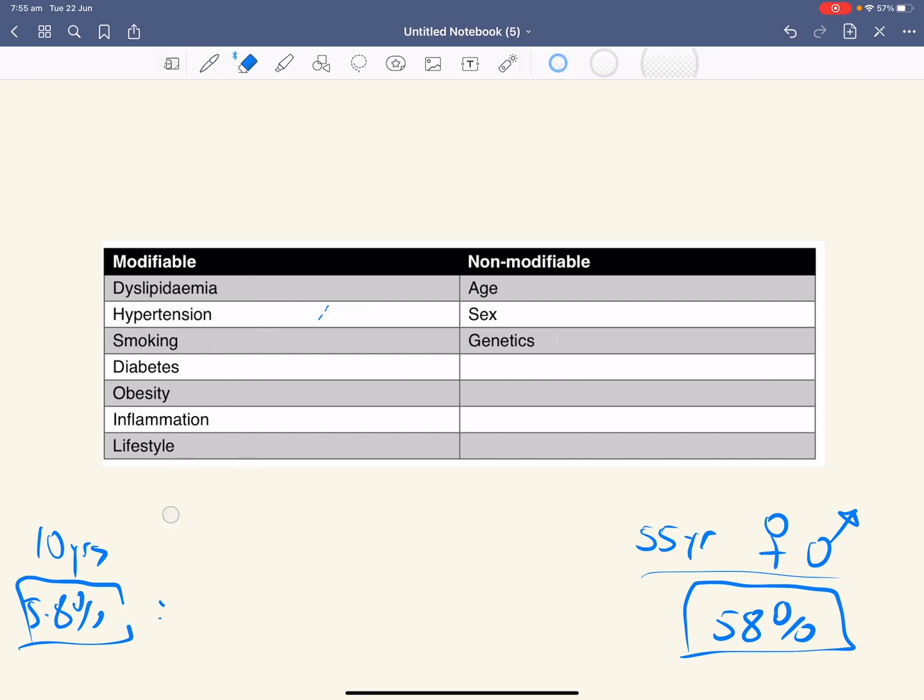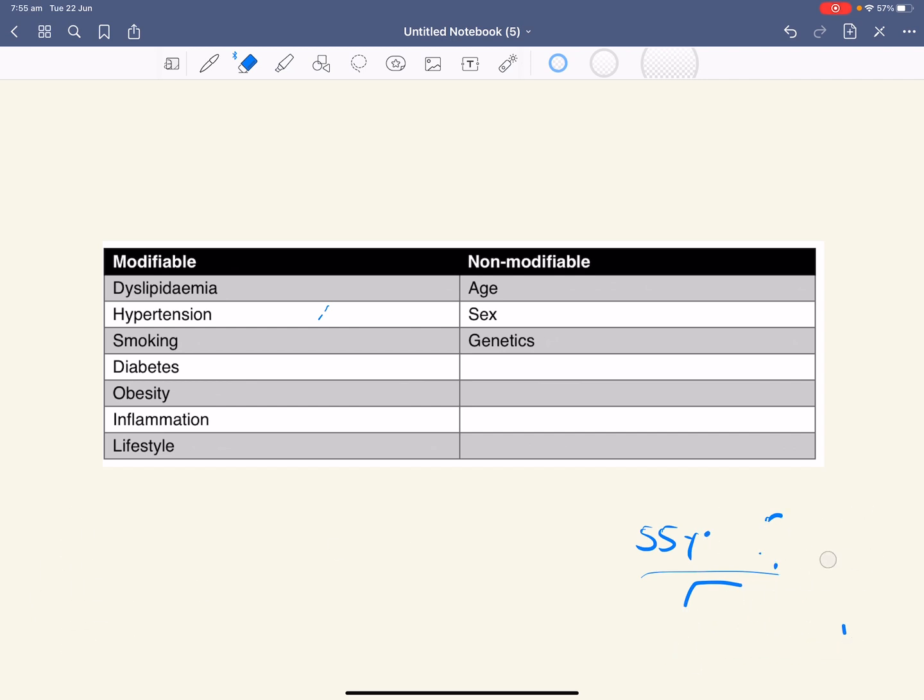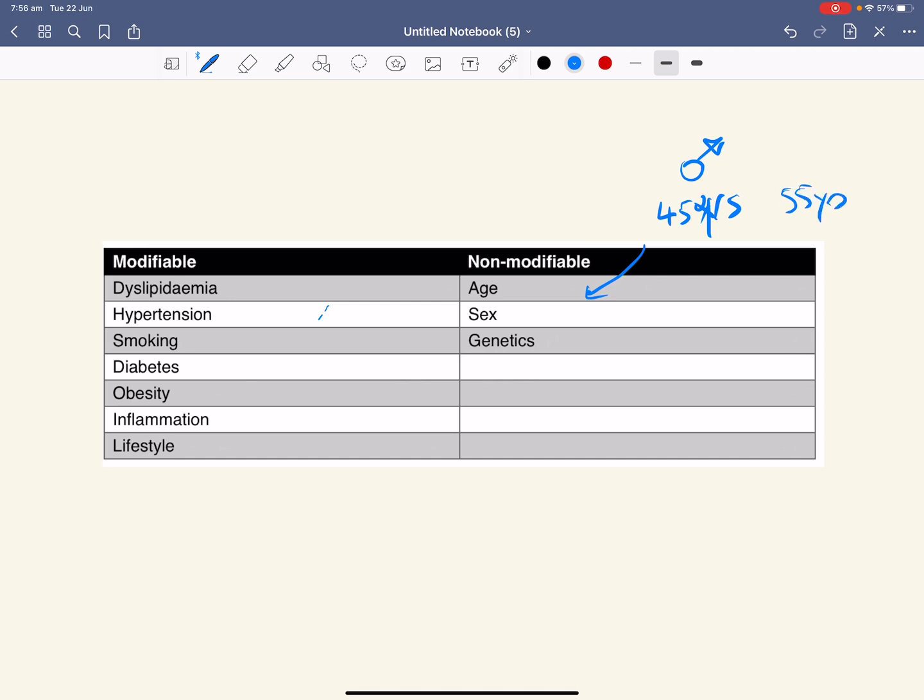Now let's go through them quickly in the context of atherosclerosis. Okay, so let's start with non-modifiable. Essentially, age. How does age increase the risk of atherosclerosis? Well, this is pertinent from 45 years for males and 55 years for females, and that will come into the sex difference in a second.